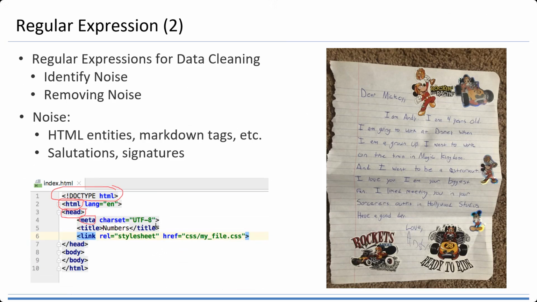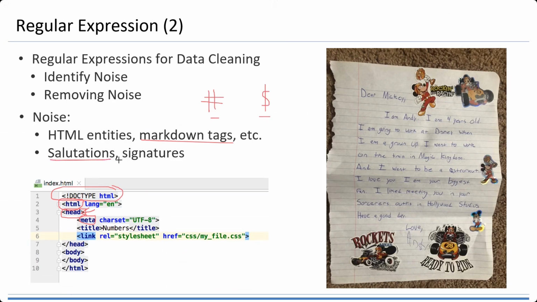When we do the analysis, it is not necessary. Then the markdown text. Usually when we work with Jupyter Notebook, we will have markdown such as the sharp, or sometimes the dollar sign. This kind of tag, we can remove it with the regular expression.